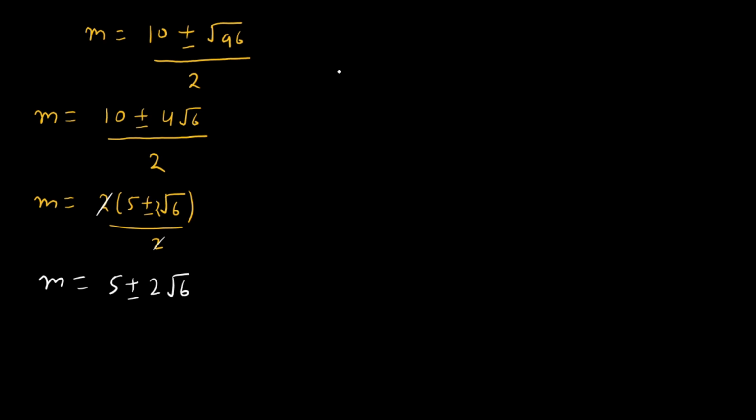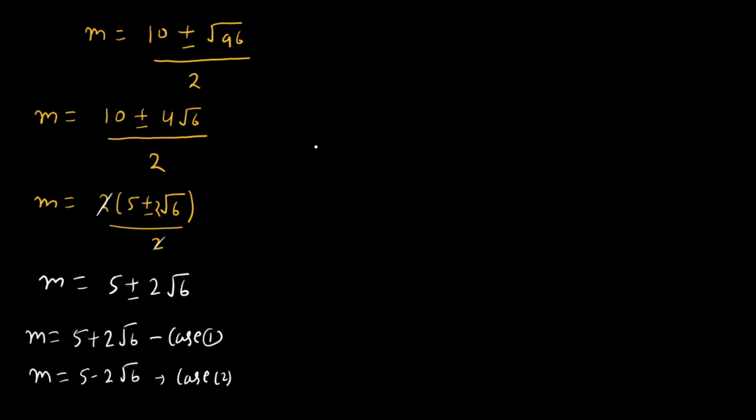Here we have two possible values of m. The first value of m is 5 + 2√6, and the second value of m is 5 − 2√6. Let us consider this as case first and this as case second.